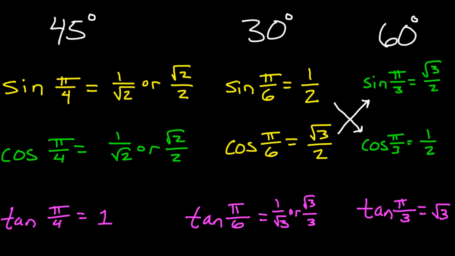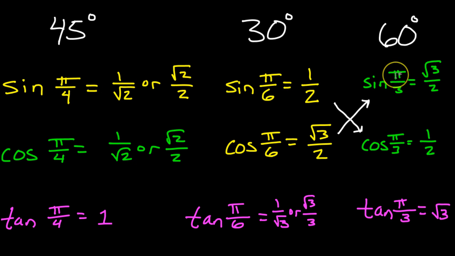So here's a table of values that you basically should have memorized. Now in a previous video I mentioned that really these three yellow values are the three that you have to memorize, and then after that you can go, okay, the cosine of pi over 4 is the same thing as the sine, so you have that.